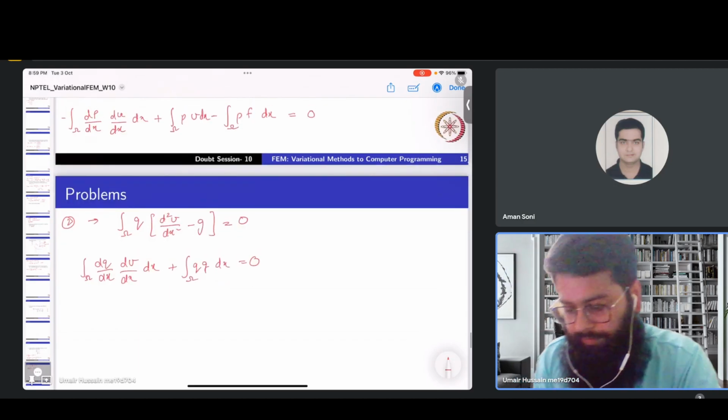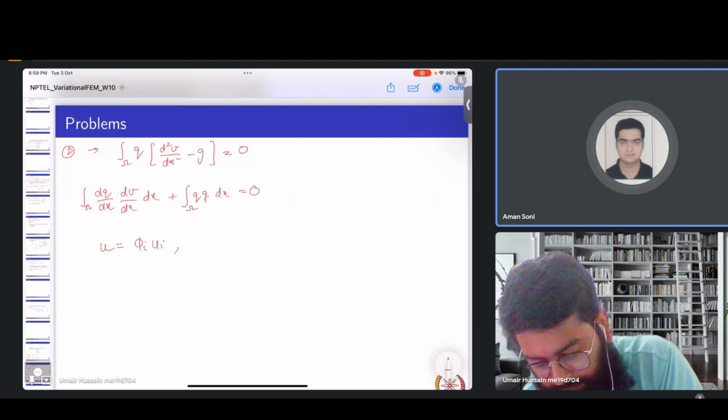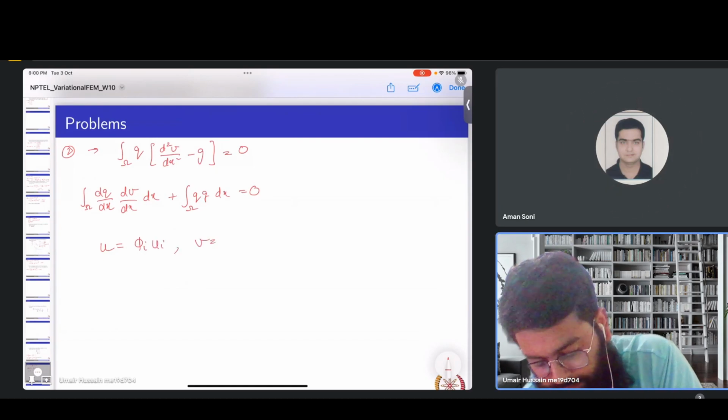So what we do is we take, for the first equation, we have two unknowns u and v, right? We can give some shape functions phi i, u i for this, and for this we can give some other shape function psi i.